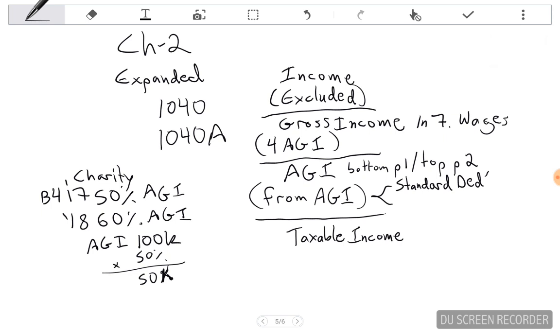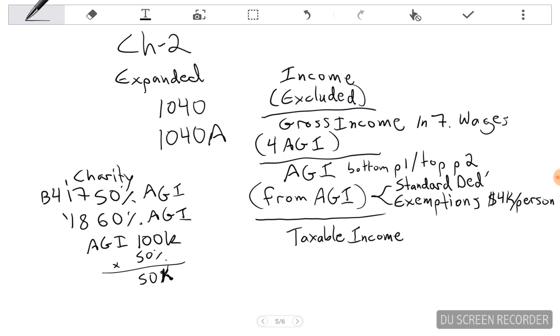And then historically we've had these personal exemptions. Those are the major from AGI deductions. That means that we deduct them from the adjusted gross income that we just calculated, and that gives us our taxable income. So exemptions are normally about $4,000 per person reported on the return.